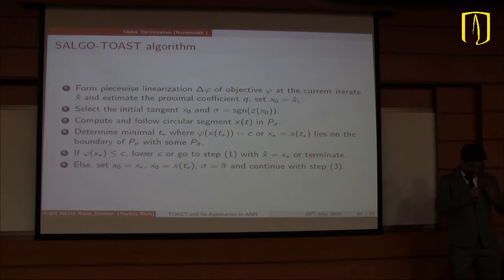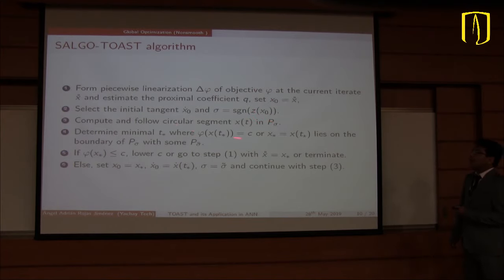Okay. So then we select the initial tangent arbitrarily, but such that the norm of this tangent is 1, and compute the signature vector at the reference point where we are doing the piecewise linearization of our model.